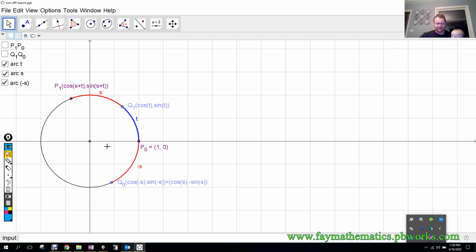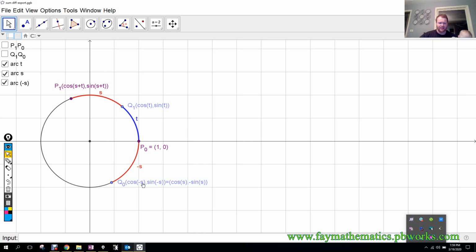I put this one in, that's the arc of negative S, which would be cosine of negative S, comma sine of negative S, and we don't like negatives as our argument, so this is a great use of our even-odd properties.